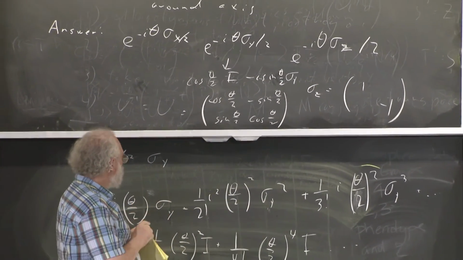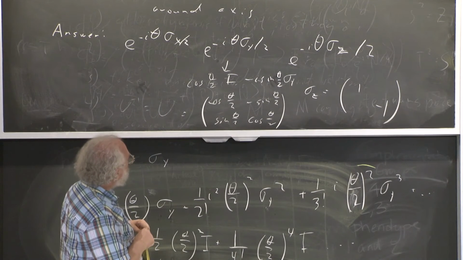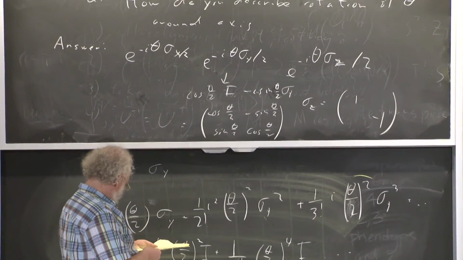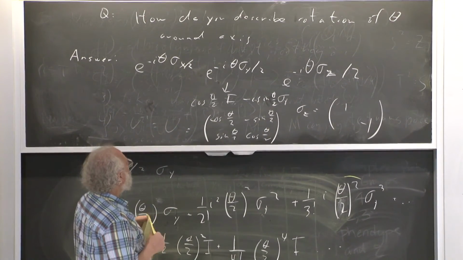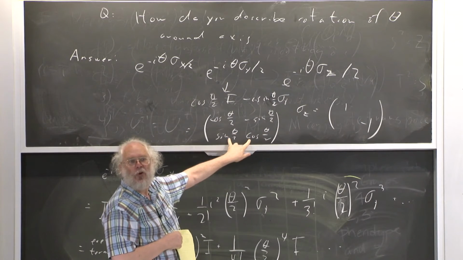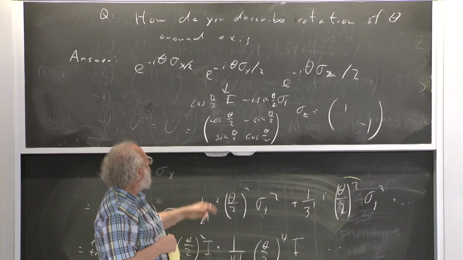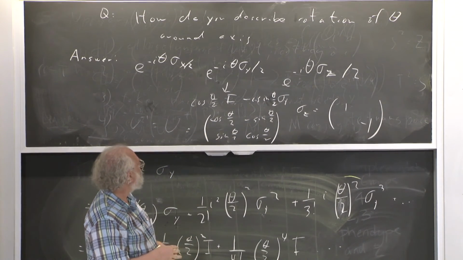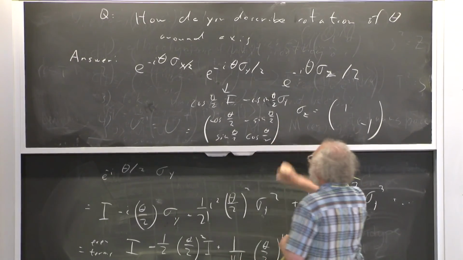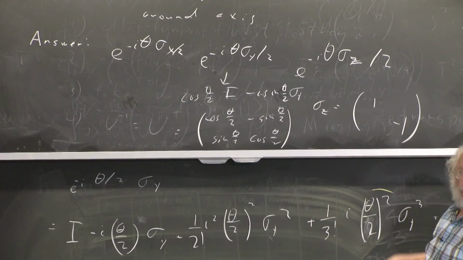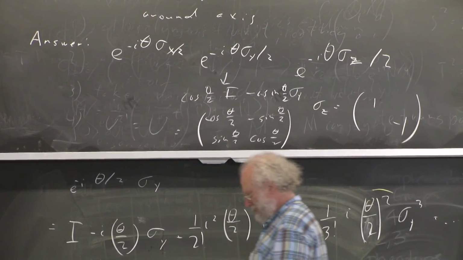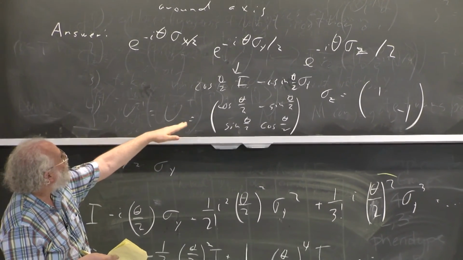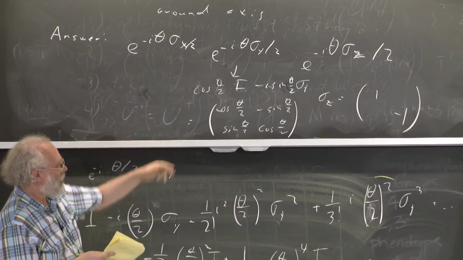Now it seems to me I've gotten one of the signs wrong, assuming I didn't get this sign wrong, but you can see this is just a rotation of angle theta over 2 in the xz plane. So this is how you get rotations of theta around the z-axis, the y-axis, and the x-axis.